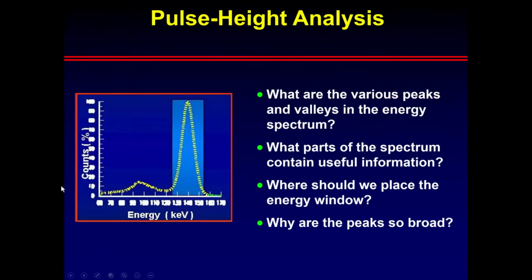Therefore, we can determine what we call a pulse height analysis. You can see different energies here of different photons that underwent scintillation, but we're only interested in those in the 140 kV range.